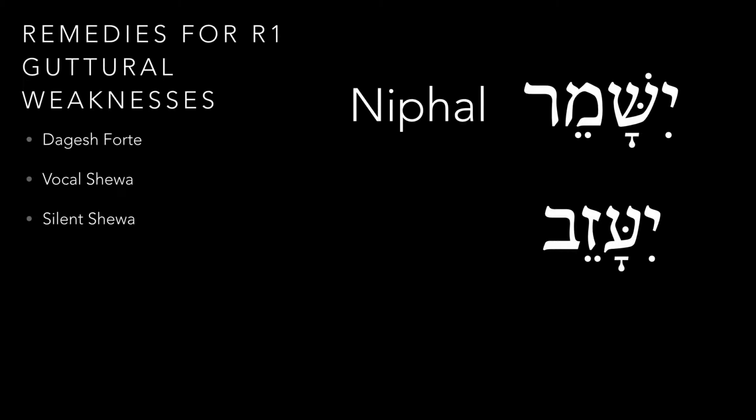When we get the R1 guttural in, we're going to reject that and get compensatory lengthening of the preformative vowel. So again, nothing completely abnormal for us. When we reject that Dagesh, we get compensatory lengthening. We saw that in the addition of the article. And so nothing terribly new there, but again, just keep that in mind.